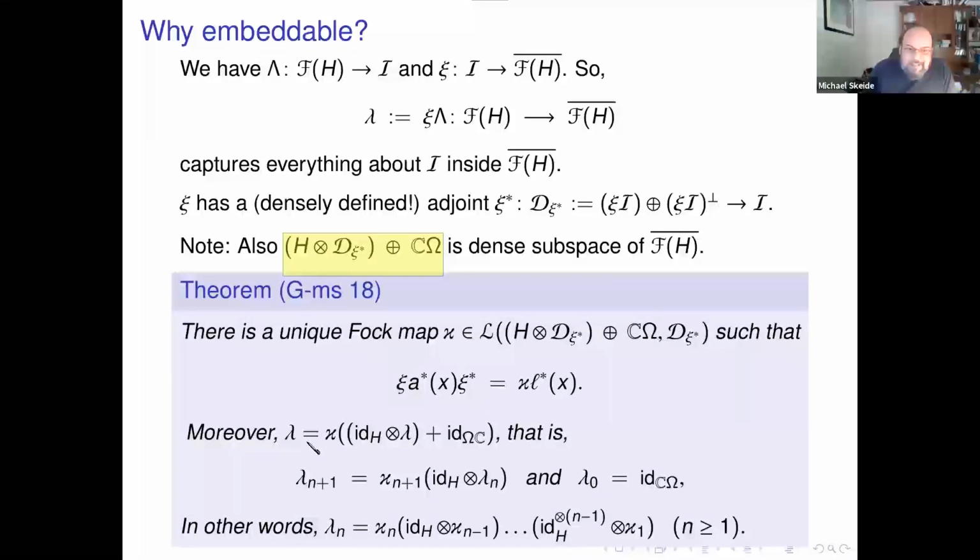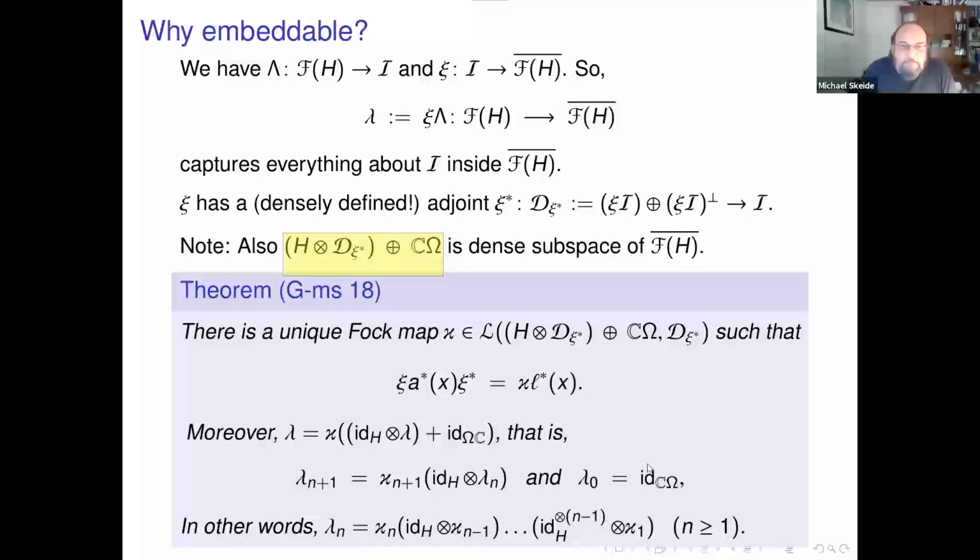Moreover, lambda and kappa are related by this formula here, and if we write it down particle vector-wise, we get a recursion for lambda. The recursion has a unique solution, namely this formula here for lambda. Of course, lambda_n and kappa_n are the restrictions to the n-particle sectors.